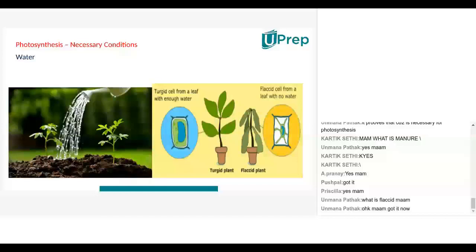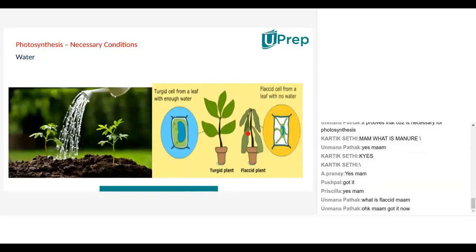You must have always seen a plant always stand straight, and the leaves don't need any support. The leaves are also tight and taut and straight. Why? Because of the turgidity pressure that's there. The moment you stop watering, the first effect will be on the leaf.